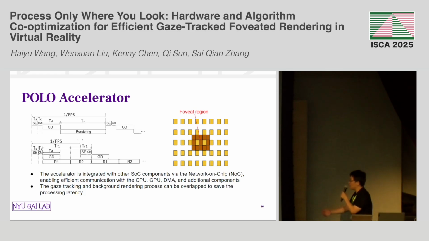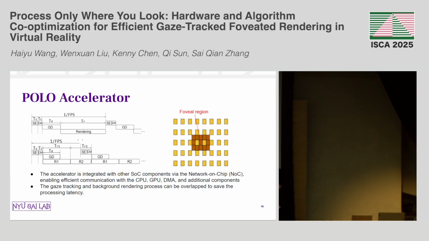So all I described before is to describe how we reduce the total gaze tracking latency for a single frame. But we can also have some opportunities to parallelize the processing across different frames. So here we show the opportunities, right?